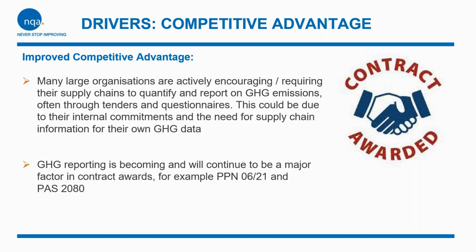We'll look at that in a second, and also a specification called PAS 2080, which we'll also look at in a second. All of these either arise from or result in supply chain pressures, which obviously, if you turn that on its head, it gives you the opportunity as a business to have an improved competitive advantage and win the contracts that your competitors might not be able to.